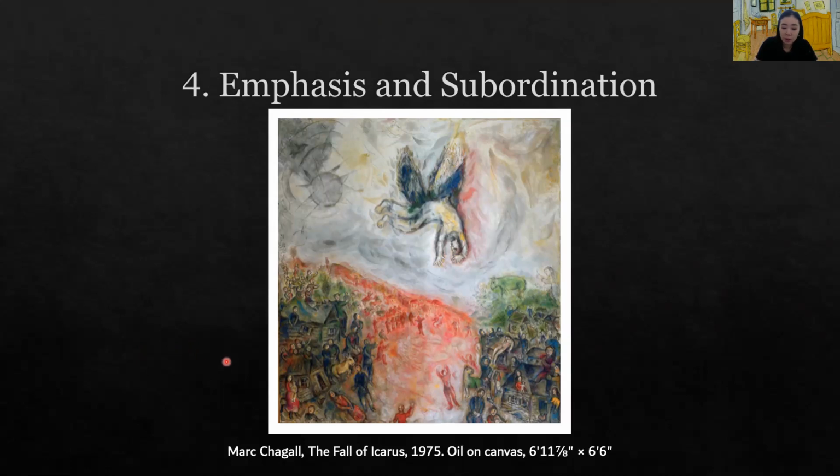So Chagall's version, this Icarus, is the focal point, distinctly set apart from the light sky, not only by his position at the top and the center of the work, but also by the use of bold red, yellow, and blue, the primary colors, to depict the falling figure.